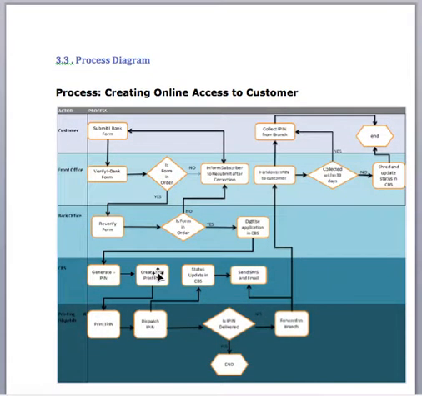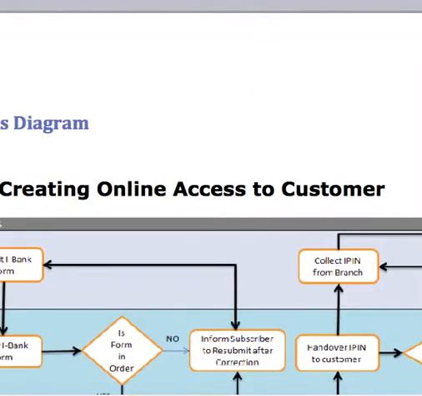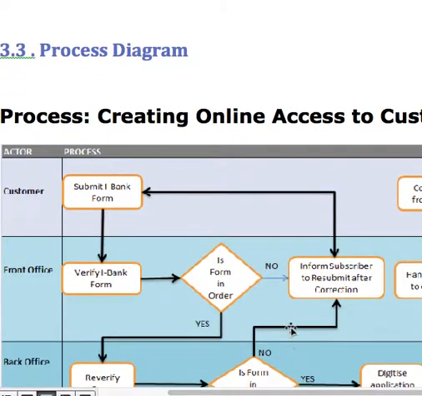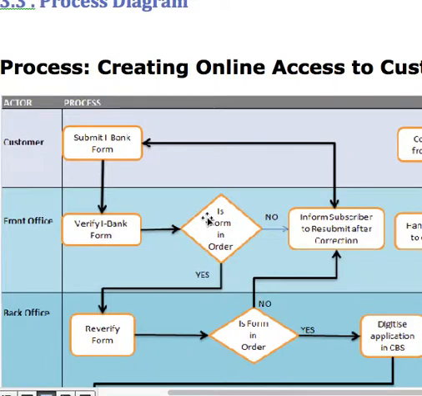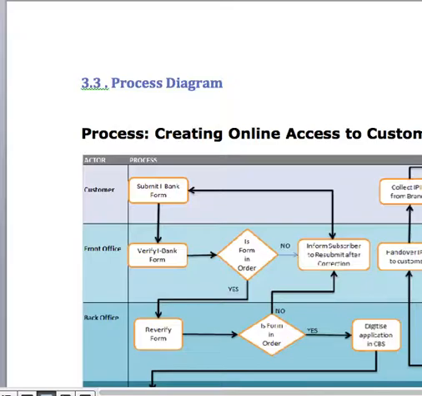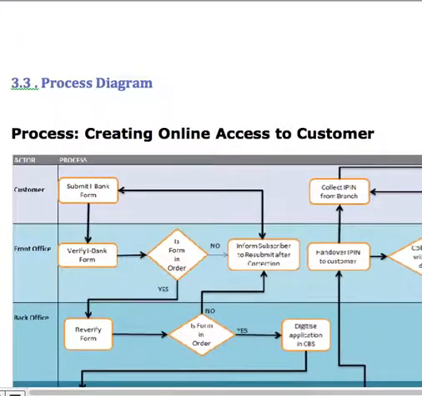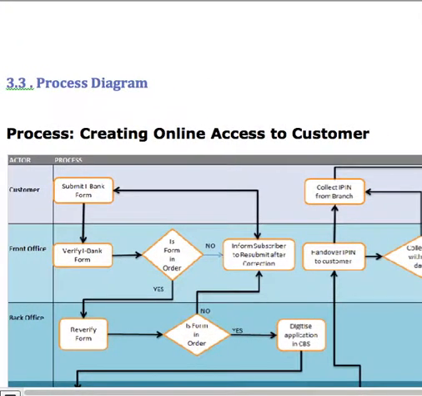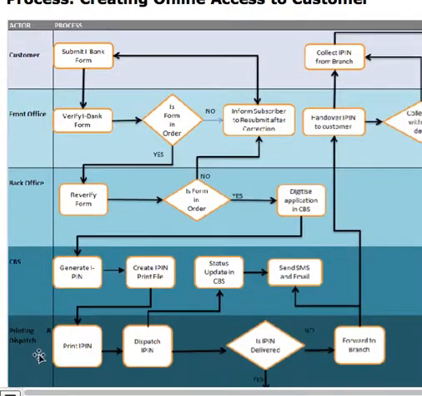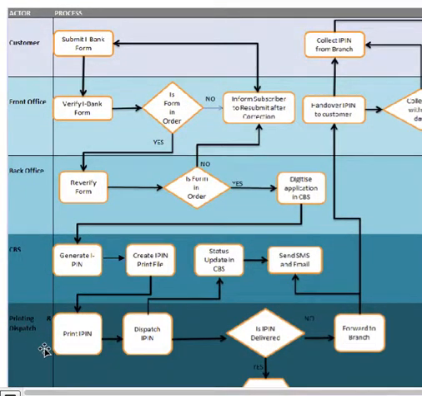Let me, this is an overview. I'm going to increase the size now. Here it is. I hope it is a little bit legible. Online access, if you see, customer, okay, so we'll try to read as much as we can: customer, and then what is his role, in front office and the back office, and then your core banking, and then you have printing and dispatching, right?